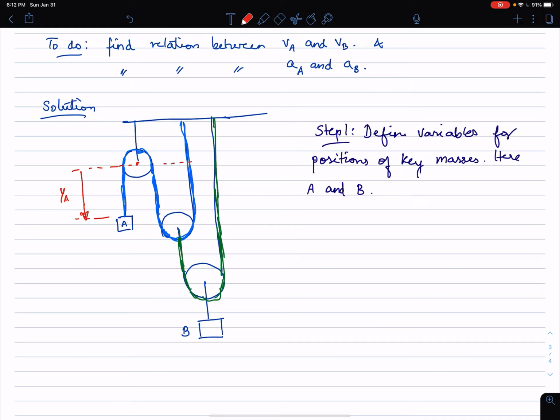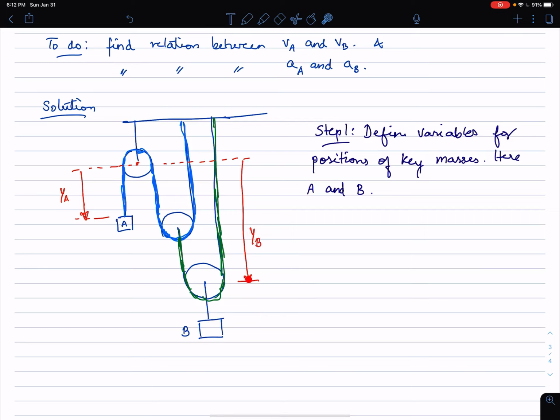And if you extend this, we can define maybe this to be y sub B. Now, you might ask, why did we not go from here all the way to the mass B?